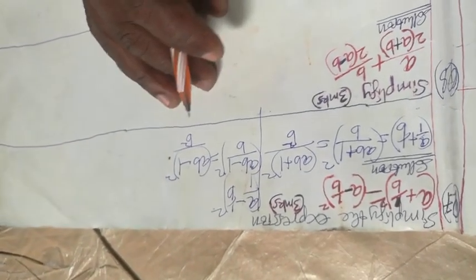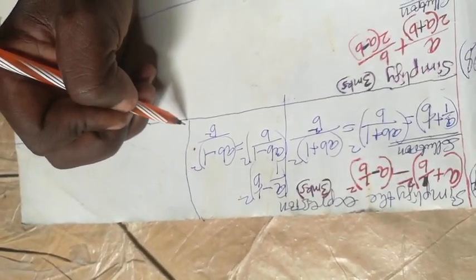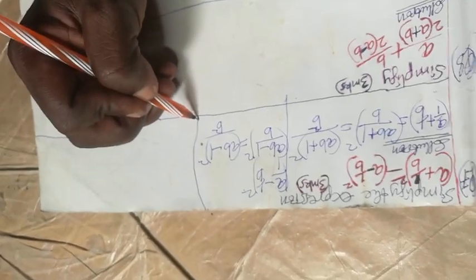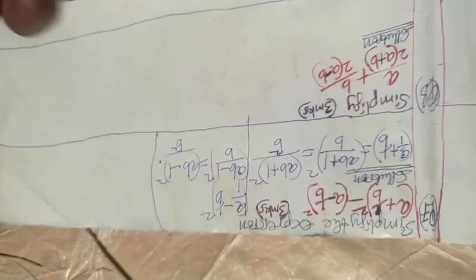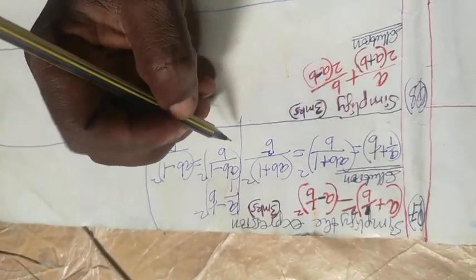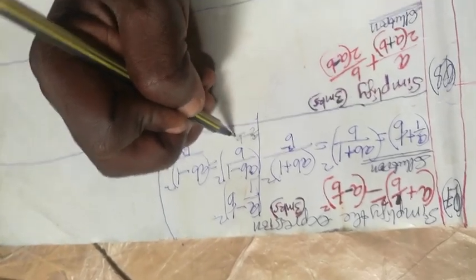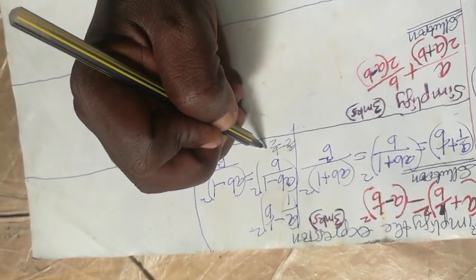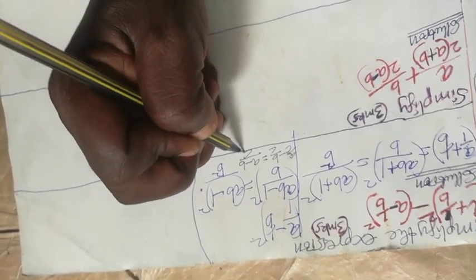Now for this we are going to apply the fraction rule, which states that a over c minus b over c is the same as a minus b all over c.